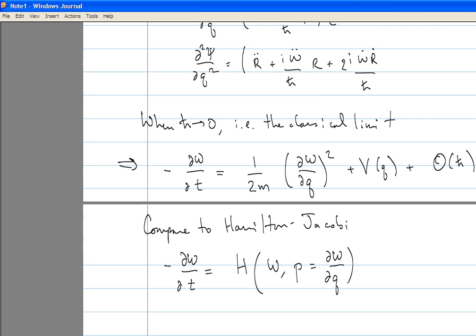And that is exactly what appeared here on the right-hand side of this equation. The Hamiltonian is 1 over 2m p squared plus v. Set p equal to dw by dq, and you get Schrodinger's equation.